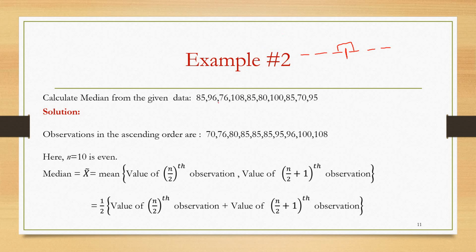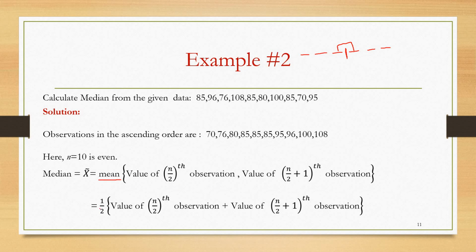Here, the number of observations are 10. The first step is to write these numbers in ascending order. After writing these numbers in ascending order, we will calculate n by 2th and n by 2 plus 1th observation. We write it as mean of this.